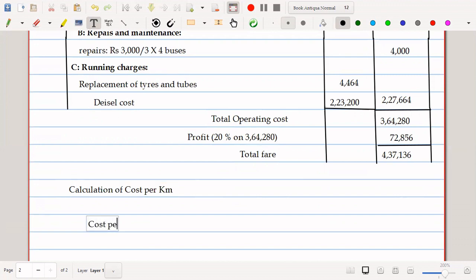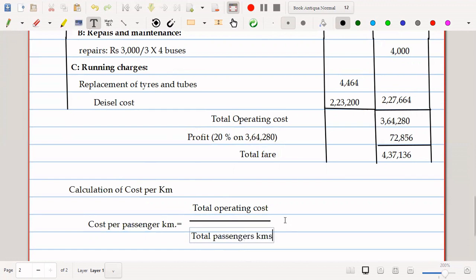Cost per passenger kilometer is equal to total operating cost divided by total passenger kilometers.